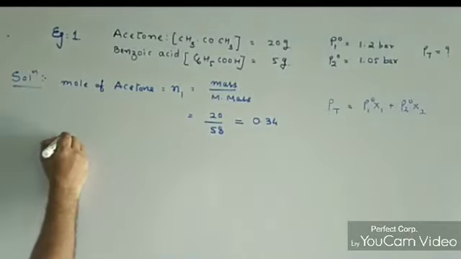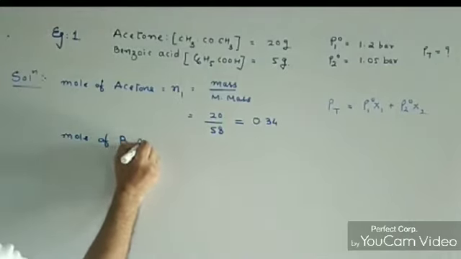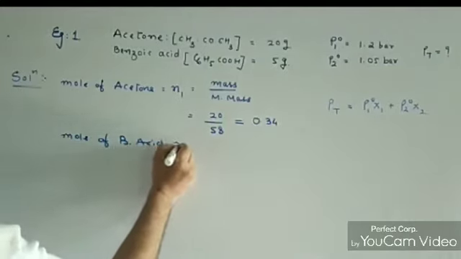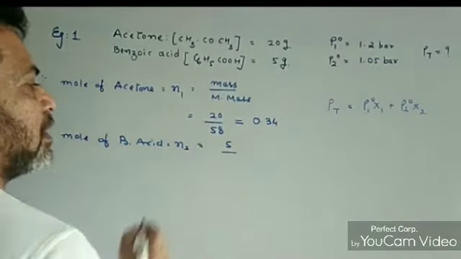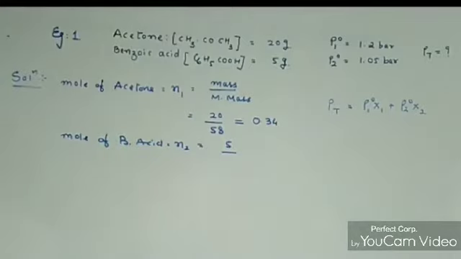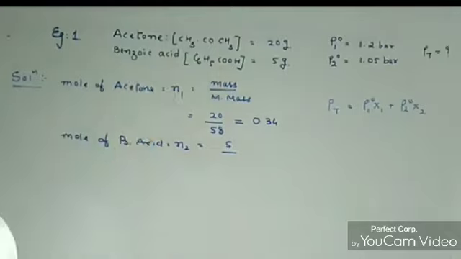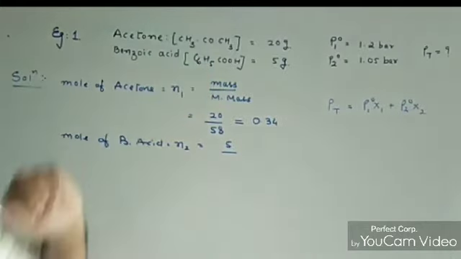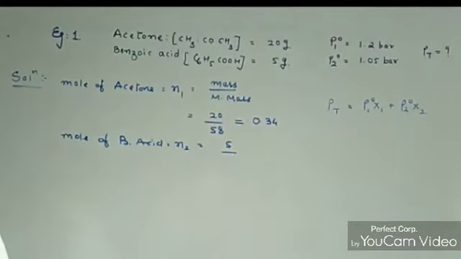Now we are going to write the mole of benzoic acid, n2. How much is its mass? 5. Now let's find its moles, so first its molecular mass. Carbon 6 and 1, 12 times 7 is 84. 84 plus carbon 6 is 90. Oxygen 16 plus 16 is 32. 90 plus 32 is 122.